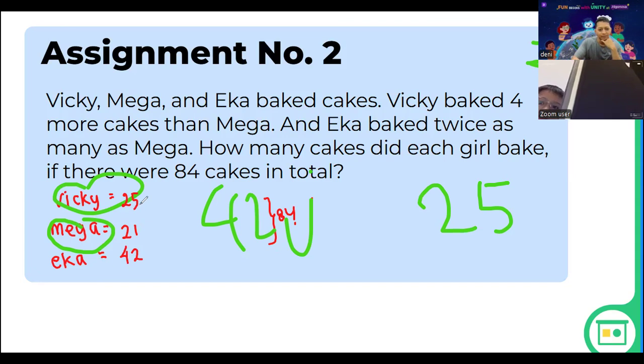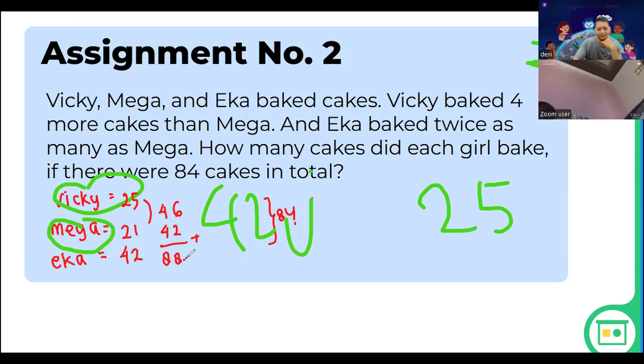Yeah, let's check it out. 25 plus 21 is 46. And then if we add 42, it will get 88, Akar. Okay, let's check the solution.